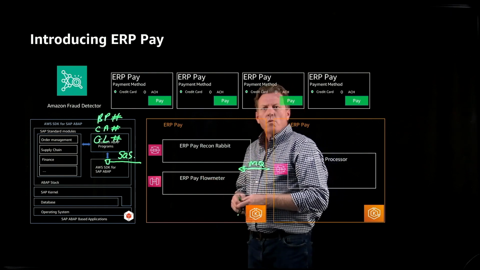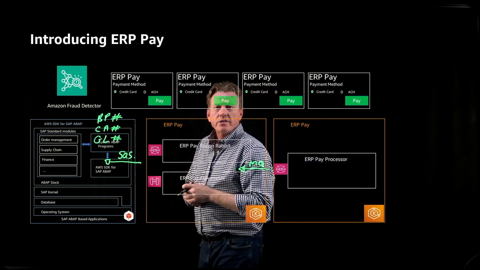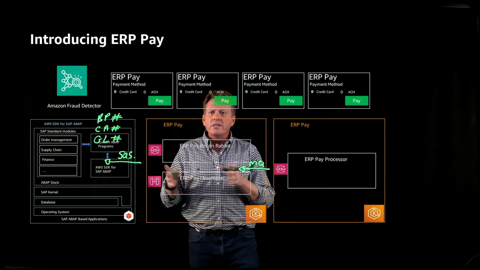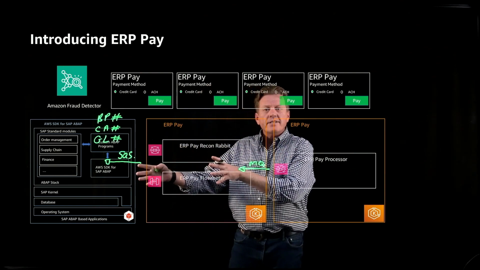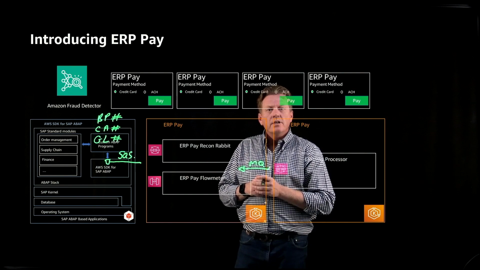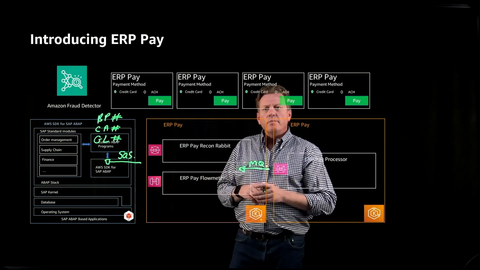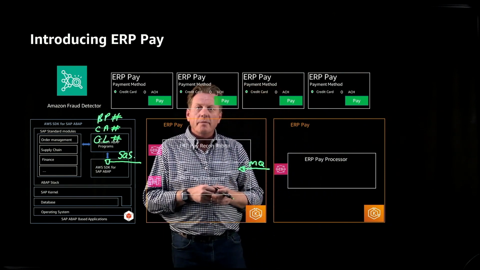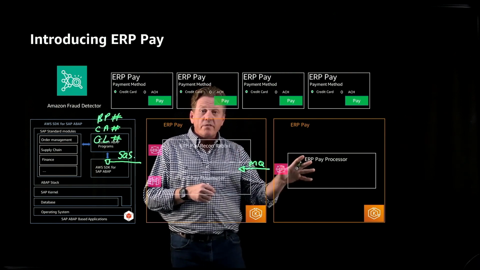In this case, we are leveraging the Amazon SQS service to run guaranteed and persistent transactional messaging between SAP and ERP Pay, so that during the online day the position in terms of revenue collection can be monitored in real time from one specific place.